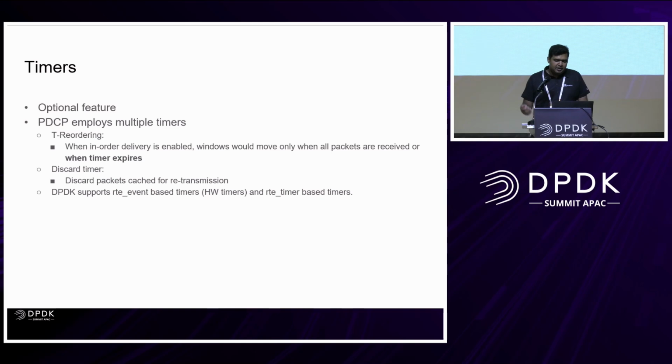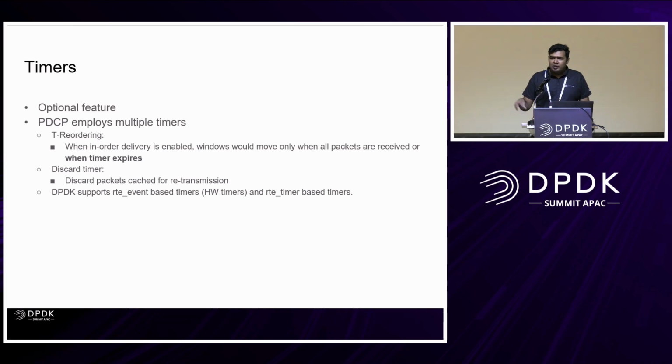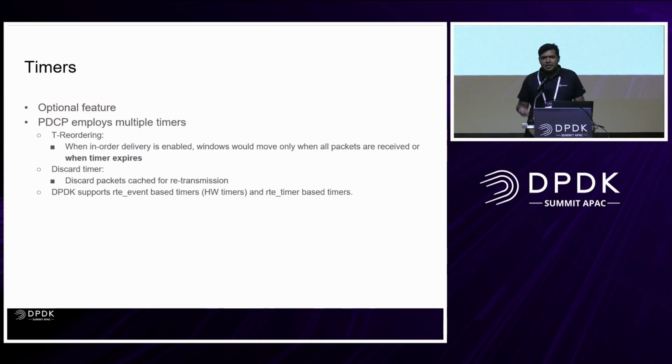When the PDCP entity sees that a particular packet is missing, the RX_REORD state variable gets set to something, and as we discussed, the packet would get pushed to the rte_reorder library. At the same time, there is a timer that is getting started, known as t-Reordering.